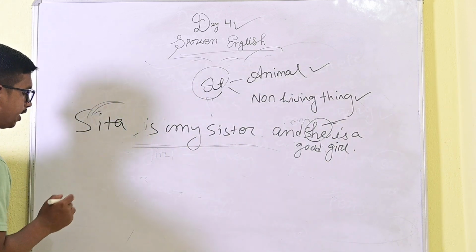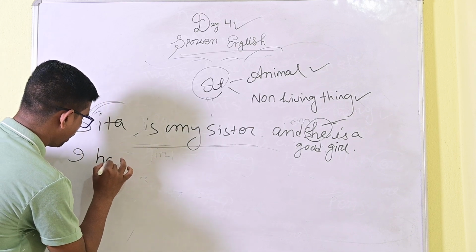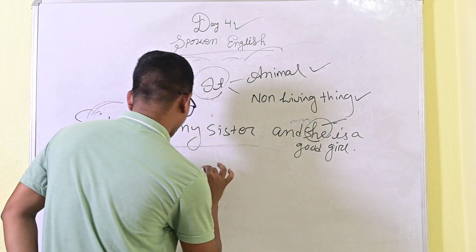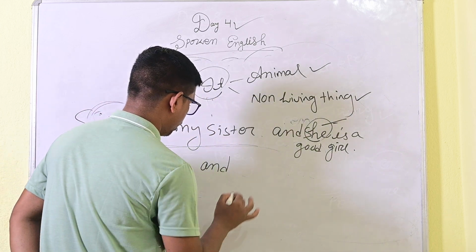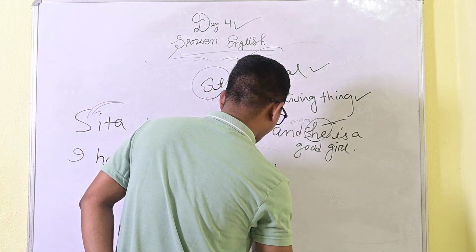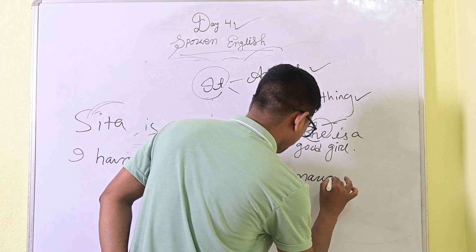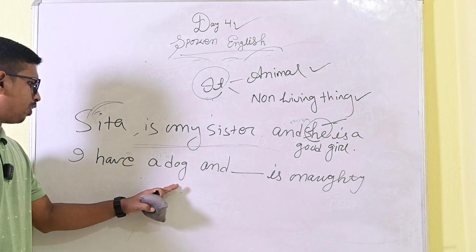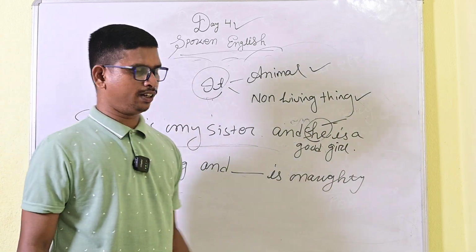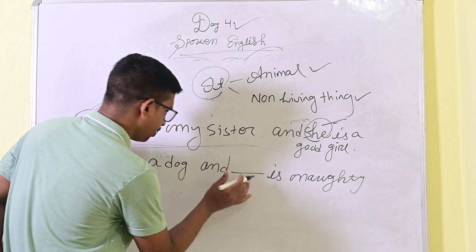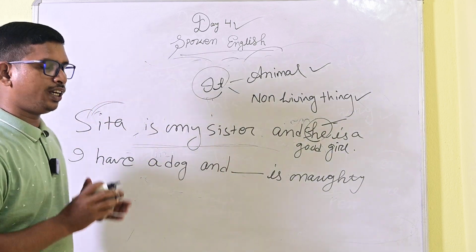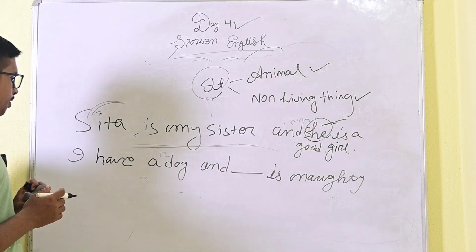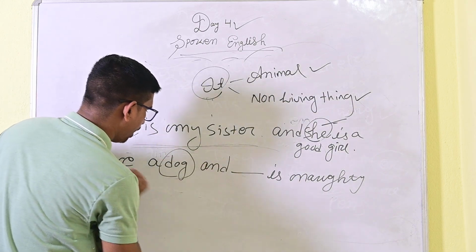But if I say, I have a dog and Dash is naughty, we cannot use he and she here. He and she are used for people, but dog is an animal.